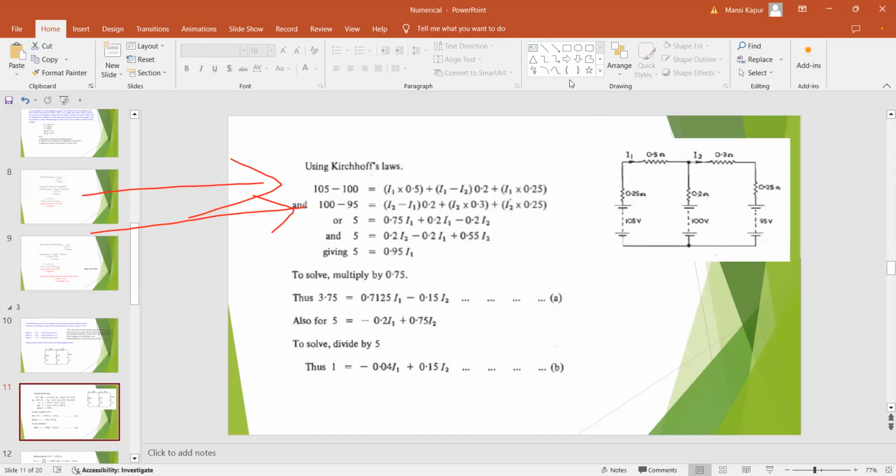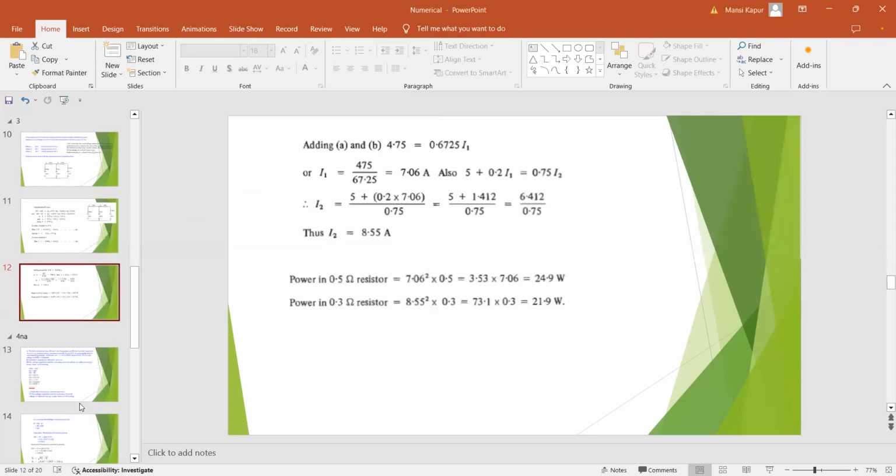1.33. What is 1.33? As per this, it's showing I1 as 7.06 and I2 as 8.55. I don't know if these calculations are correct or not. Just calculate these equations and you will find the values of I1 and I2.